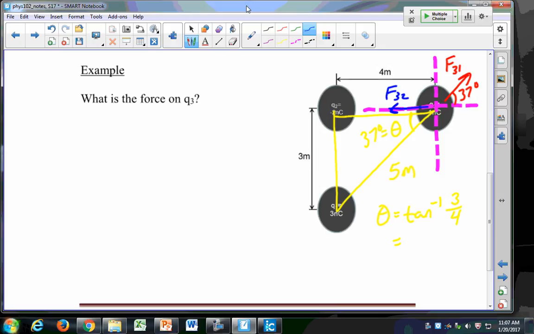All right, this is 37 degrees. So now we want to resolve F31. Actually, no, we want to find F31 first. I'm sorry. Find F31 and F32. So F31 is K Q3 Q1 over 5 meters squared. That's the distance between them. I'm just going to tell you what that is.